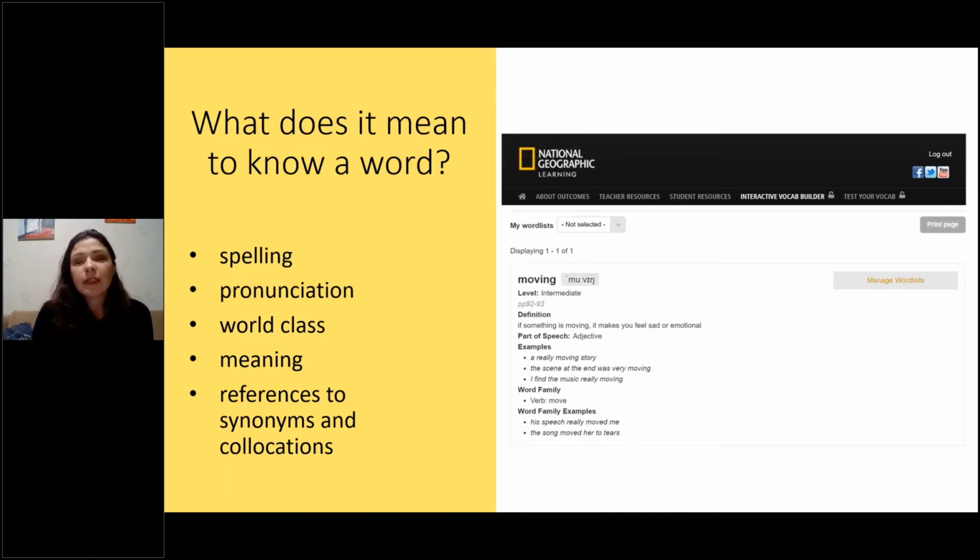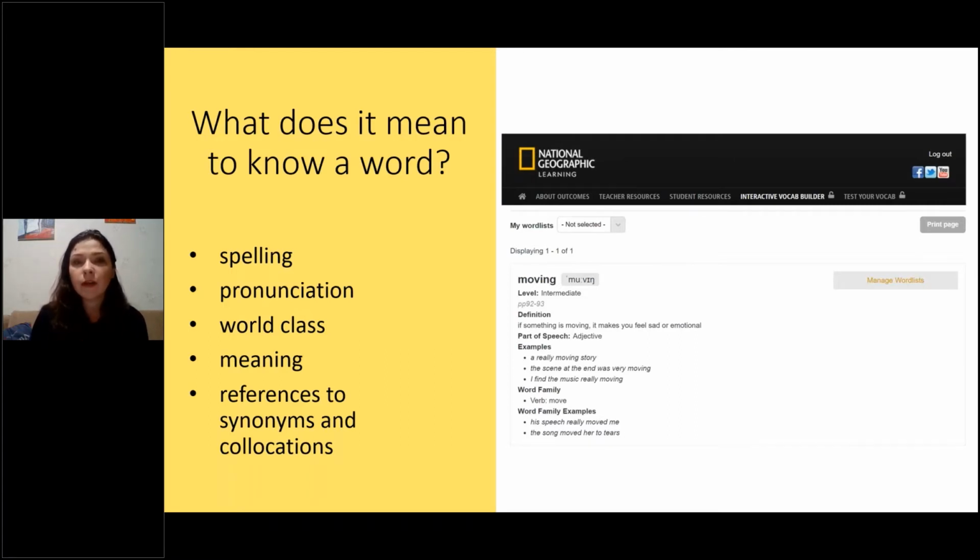If we talk about the textbook called Outcomes, it has a great vocabulary builder online. You can use it together with your student book. You use the same password that you have for students' resources. What you and your students can find there is a word profile, definitions of the word, examples of the word, even the word family.